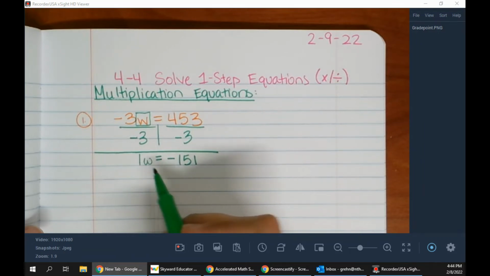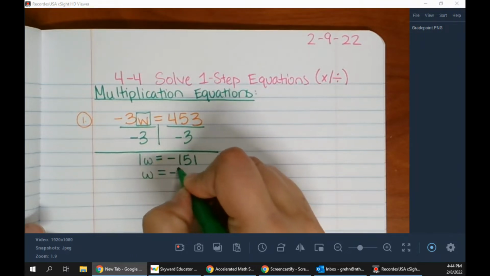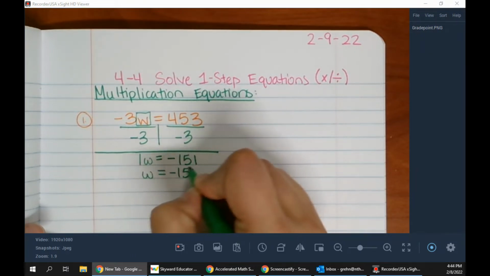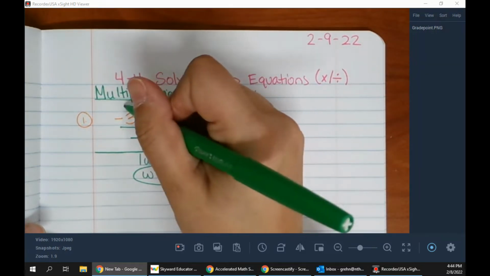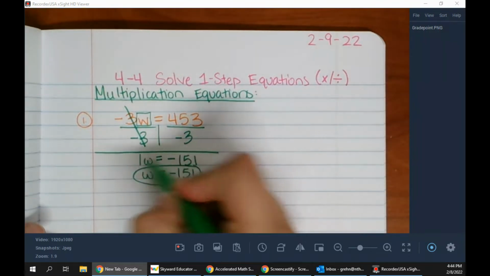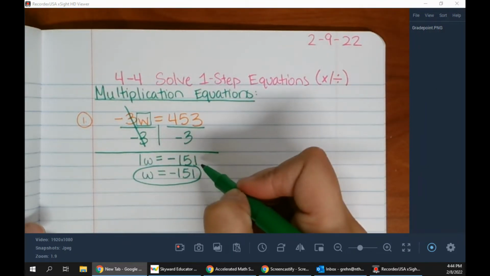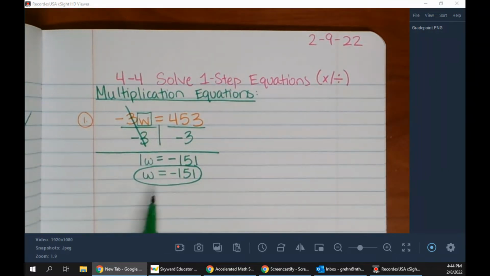So that means 1 times w is itself, which would be w. So this is the same as just w equals negative 151. So essentially when we divide it by negative 3, those negative 3's canceled out. You don't have to show this intermediate step unless it helps you. I'm showing you that this first time so that you can kind of understand why that isolates the variable.